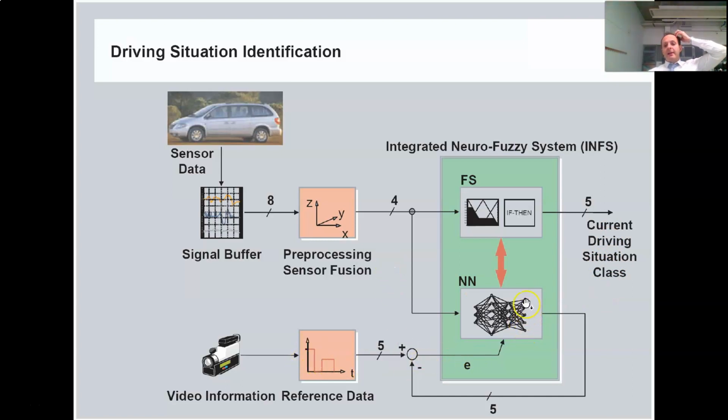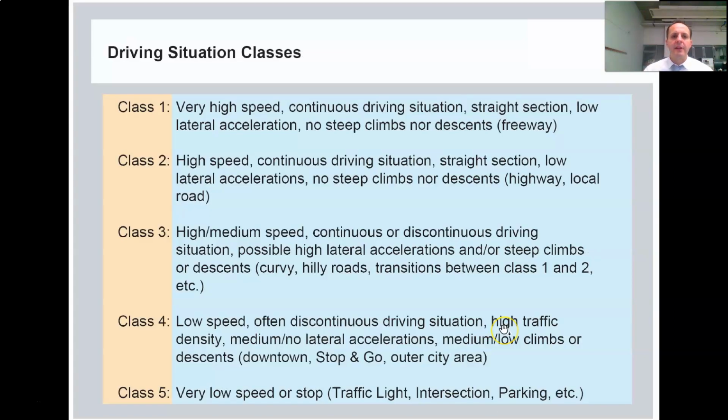Depending on the kind of data, for the case of signal processing, we can use a fuzzy system integrated with a neural network, because, for example, the neural network is processing some video information from reference data. So a neural network, or especially a deep neural network, is integrated in this system.